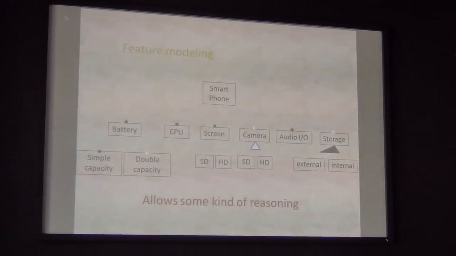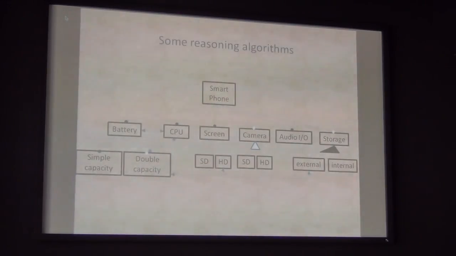The very interesting thing about feature models is that they allow some kind of reasoning, which is very important to generate products in the correct way. Examples of reasoning algorithms are detection of dead features. A dead feature is a component or a feature that is never going to be included in any product of the software product line. For example, here we have the double capacity feature.